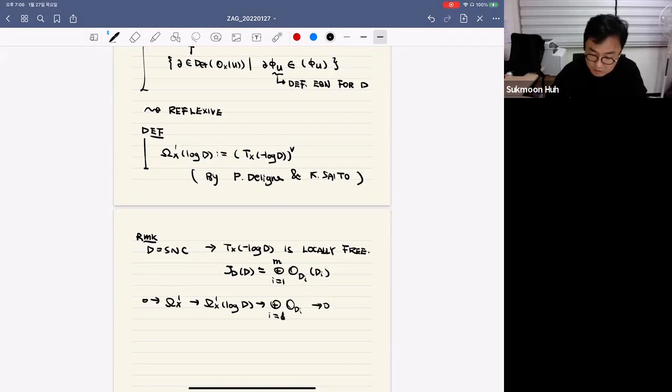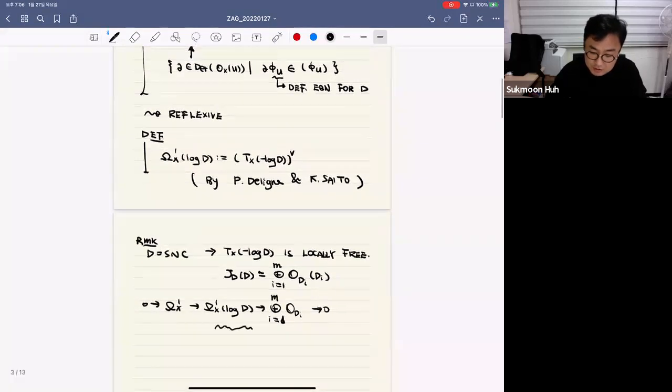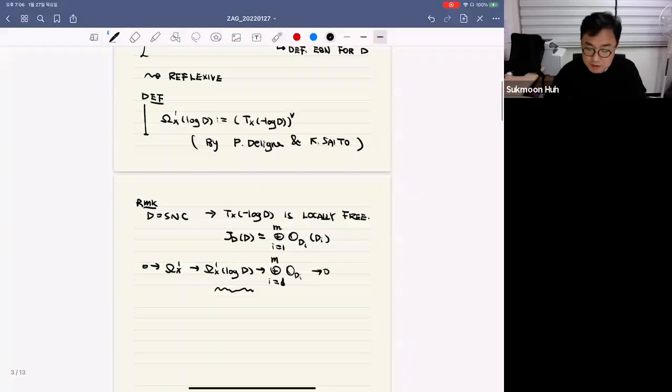Which is called the Poincare residue sequence, because the map from the logarithmic cotangent sheaf to this cokernel is called the Poincare residue map.